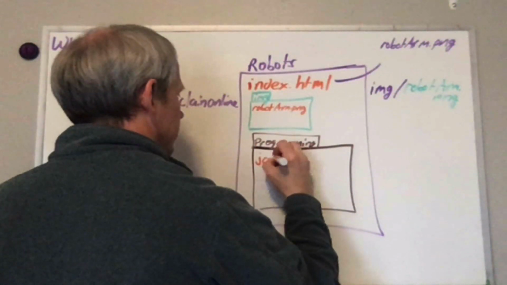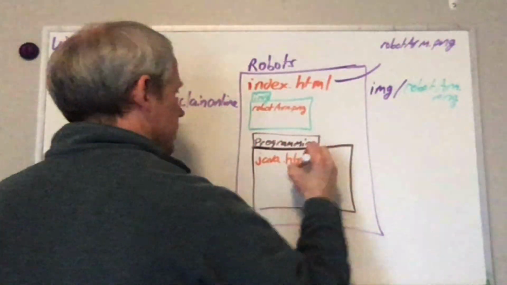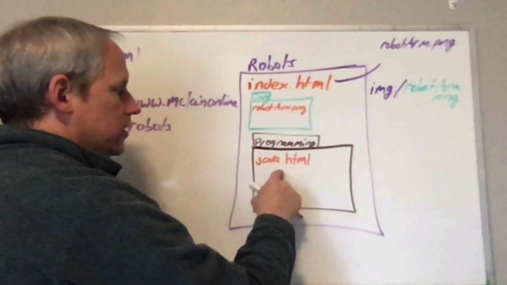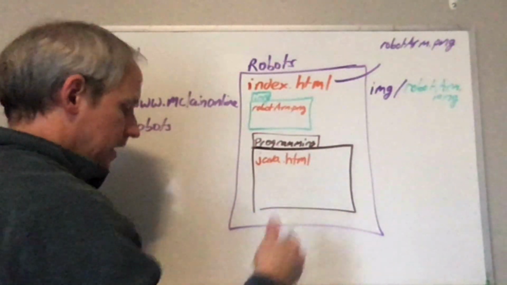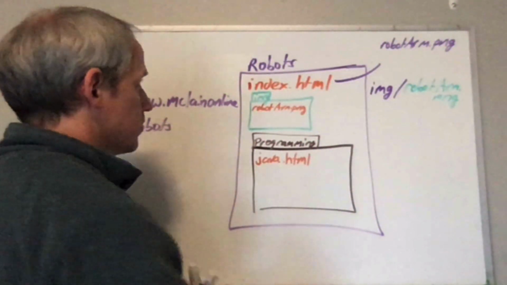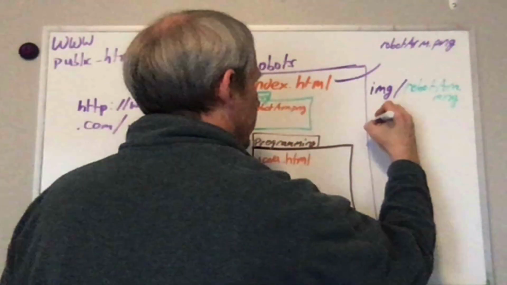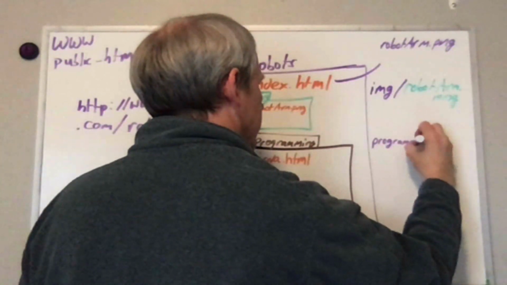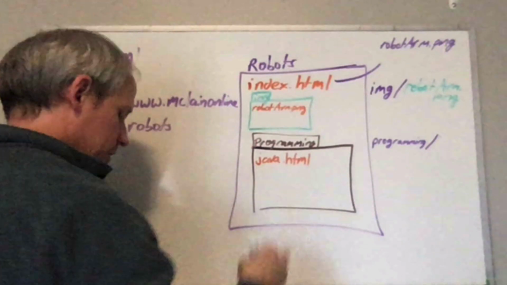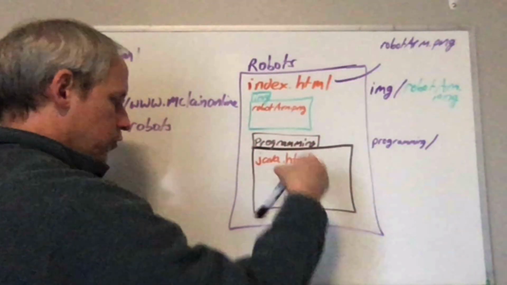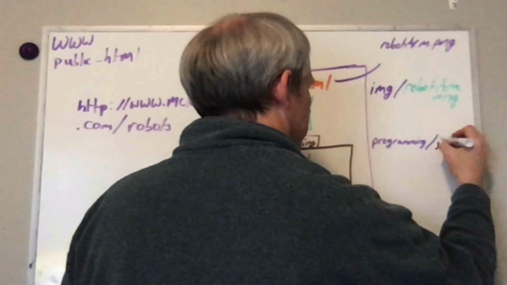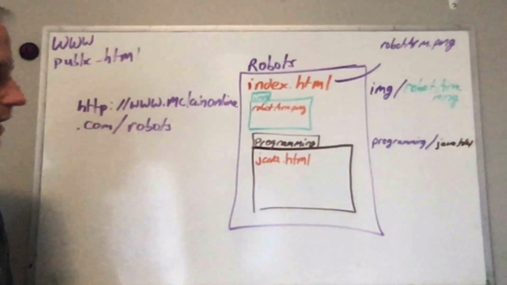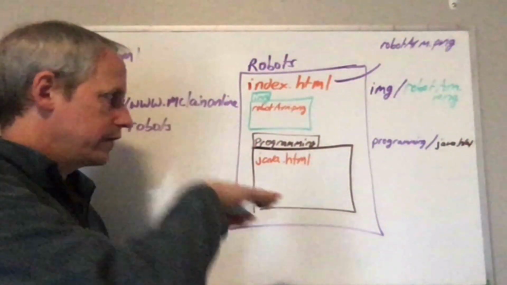So java.html. So if I want to link from index.html to java.html, I have to do that piece that says, gosh, in purple, what I see is programming. Once I do that, now I'm in brown. I'm inside this folder, so now I can find java.html. Okay, so that's how it goes down into folders.